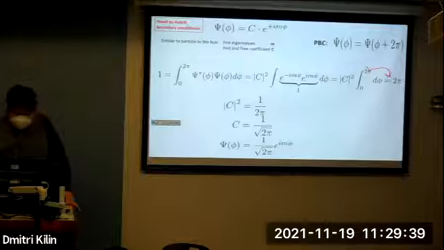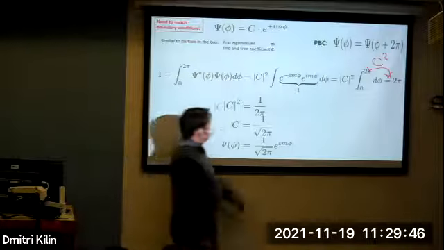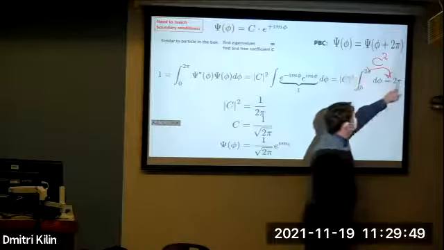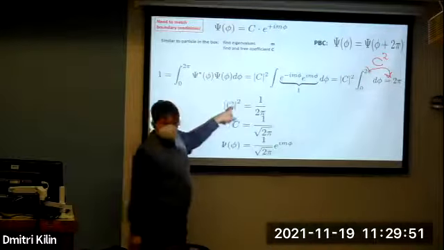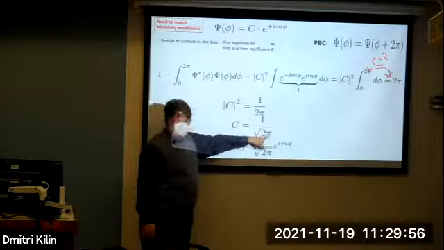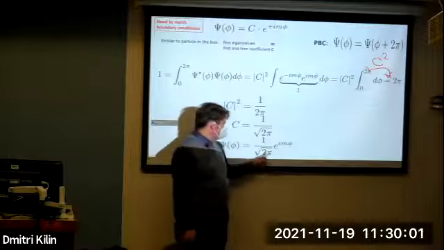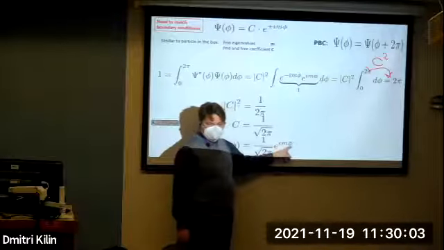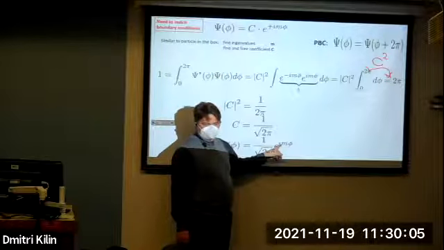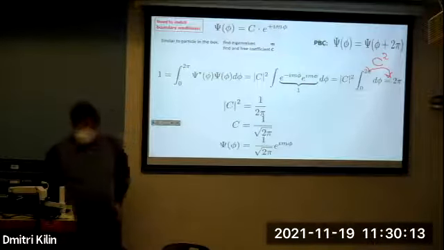So here we should have c squared. I'm just correcting what was missed. So c squared times 2 pi must be equal 1, right? And then we solve for c, which will be 1 over square root of 2 pi. So wave function is 1 over square root of 2 pi e^(i m phi). Value m is unknown yet, but we need to get it by matching to the boundary conditions.